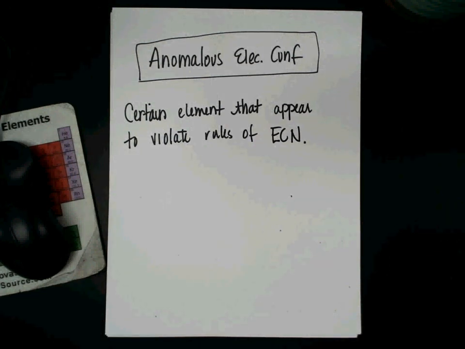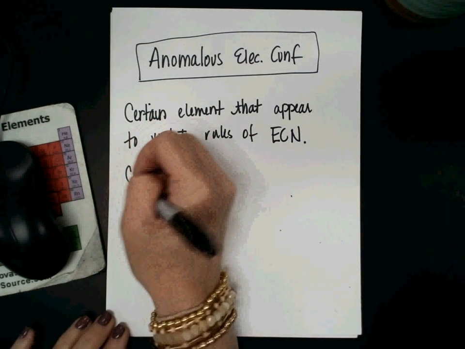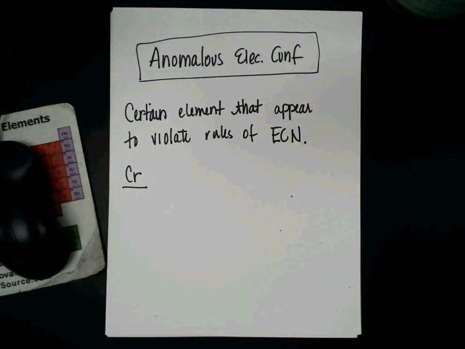Now I want you to look on your periodic table and I want you to find chromium. So find chromium on your periodic table. Figure out how many electrons it has. And then just wait till everybody gets there.